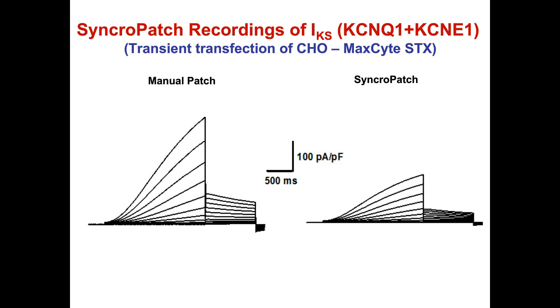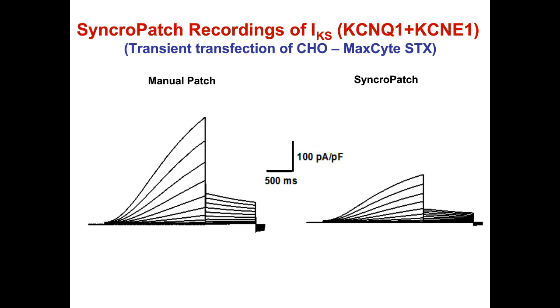And also we see this slow delayed rectifier gating pattern, but what should be obvious is that the current amplitude is lower. Now on average, we think that's the case because when we do manual patch clamp, there is a bias toward visually identifying and then recording from those cells that have the brightest fluorescence.